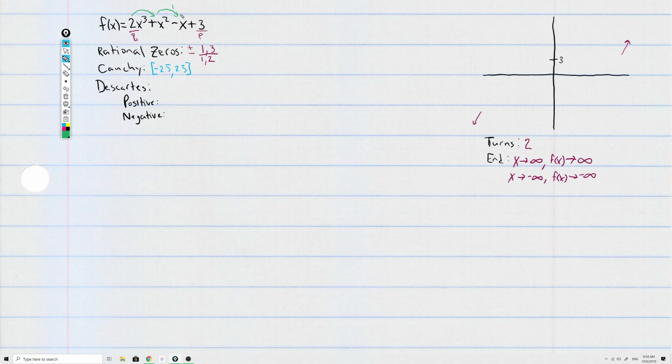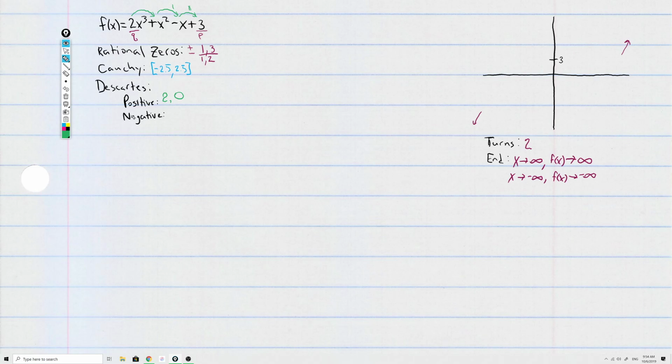So make a little mark, that's one sign change. And then -1 to +3, make 2 marks. That's 2 sign changes. So there could be 2 positive real zeros, but you have to count down by 2 until you get to 0 or 1. So this function could have 2 positive real zeros, or it might not have any positive real zeros at all.